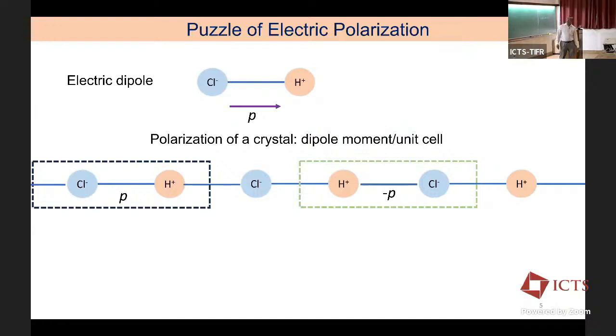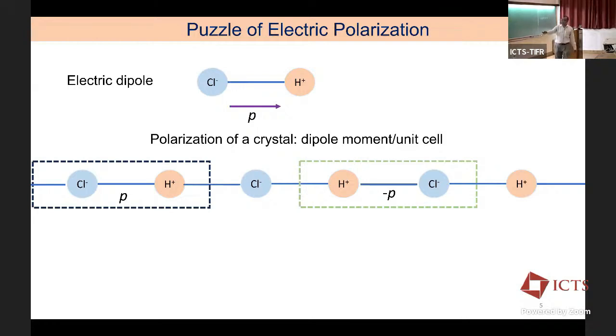So let me go back to a very old puzzle, the puzzle of electric polarization. All of you know that the electric dipole of a finite system can be readily estimated, particularly if it is neutral. And the polarization of a crystal, which is dipole moment per unit cell, is not so simple to estimate.